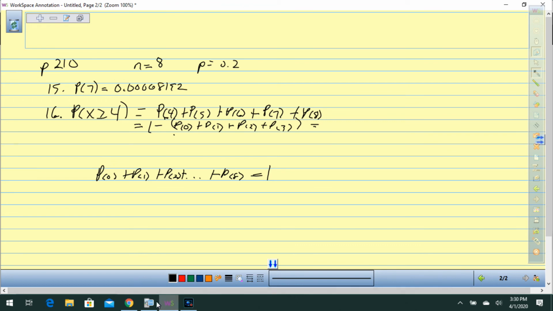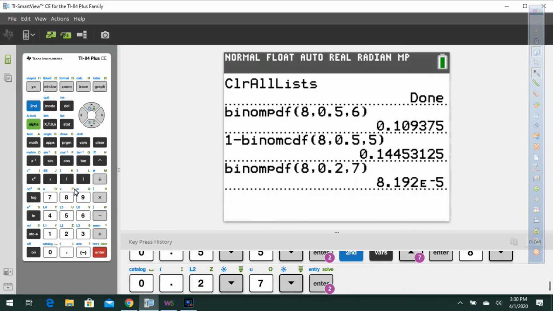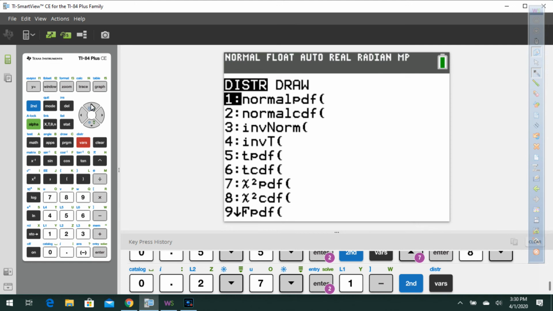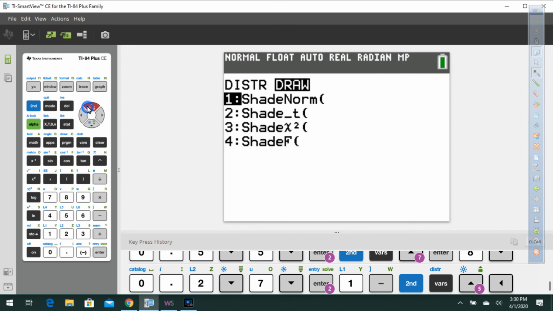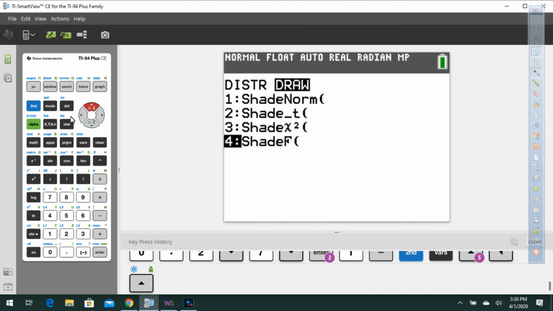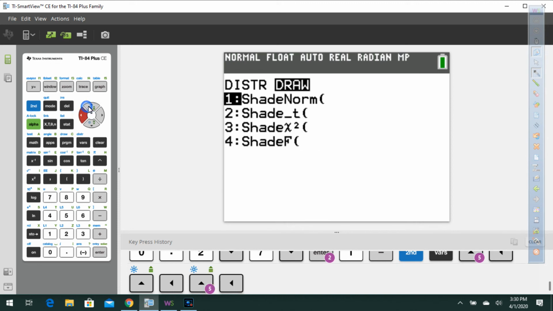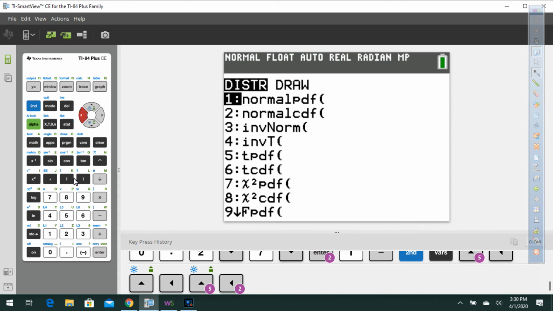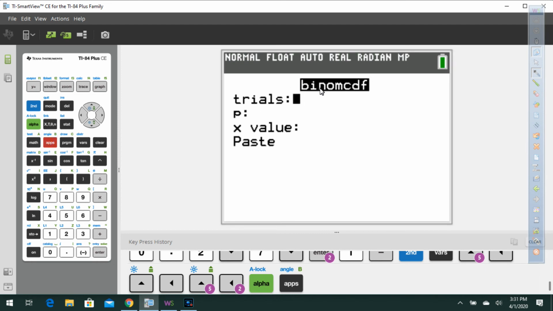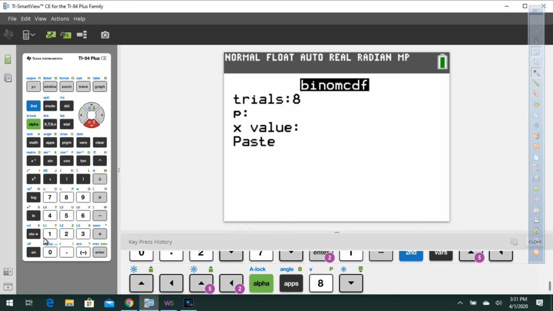And to do that, we're going to say 1 minus second distribution, and I'm just going to press B. Binomial CDF, trials is 8, 0.2.